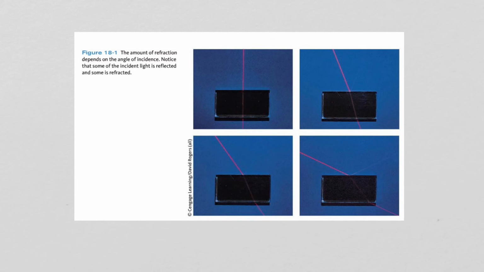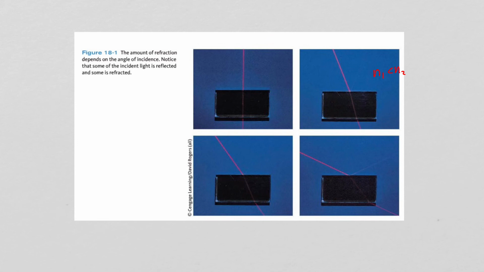But if we start to increase the angle of incidence, for example like here, then we see how the light ray is making a larger angle of incidence in the first medium compared to the angle of refraction in the second medium. So less optically dense medium, more optically dense medium, which means that the index of refraction N1 is less than N2. And so as a result, the light ray bends towards the normal in the second medium.